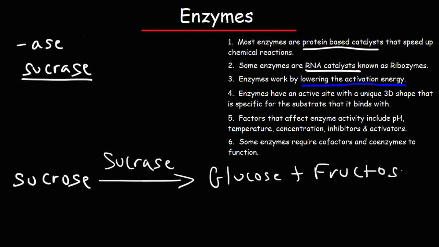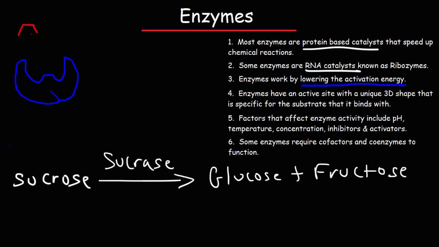Now, enzymes have an active site with a unique three-dimensional shape that is specific for the substrate that it binds with. So let's use this reaction as an example. So this will be the enzyme. And this is going to be the substrate, which is sucrose.